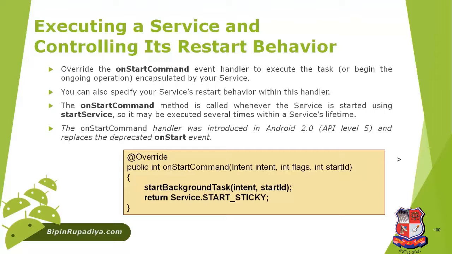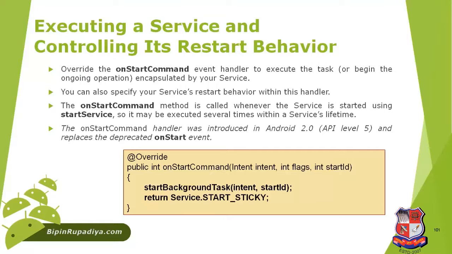Now another thing: how you can execute these services and control their restart behavior, that is, how a service is going to be restarted in case your application is stopped. Right here we are taking the example of onStartCommand. Which type of services are we talking about?